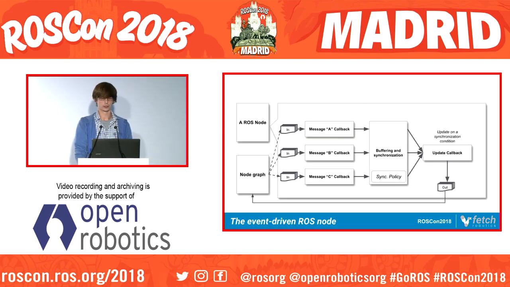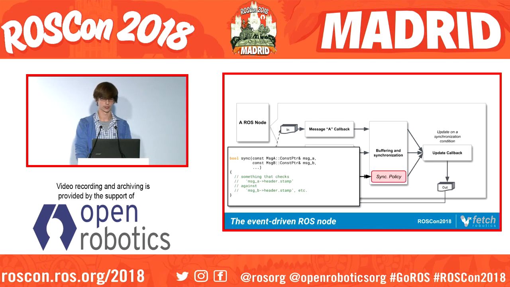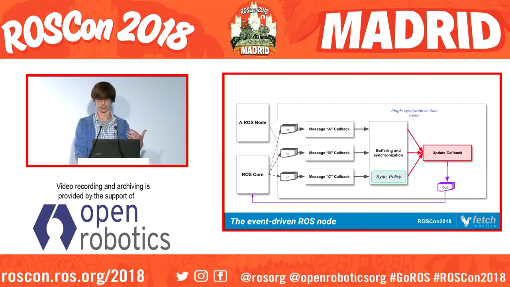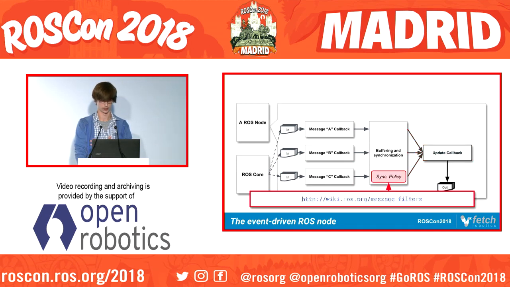So to rectify this, we can convert this node into what I call an event-driven ROS node, where we're going to collect all of our inputs from callbacks, maybe double buffer it, and then use some kind of a synchronization policy to look at what messages we have in those buffers and execute accordingly when everything is ready. So here we get some messages, and we run our update when we have a full synchronization frame.